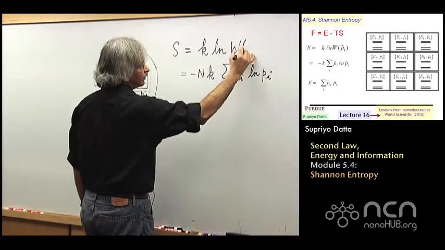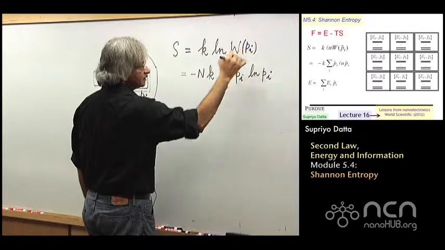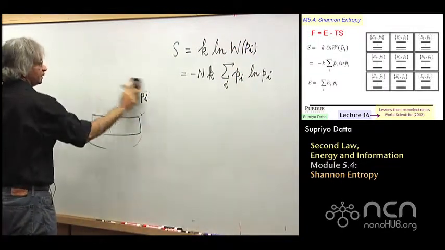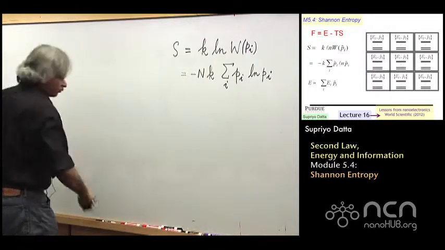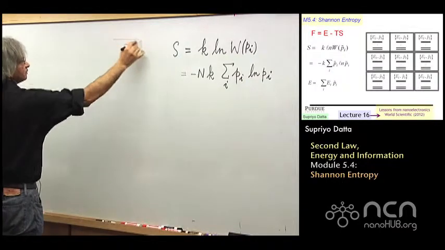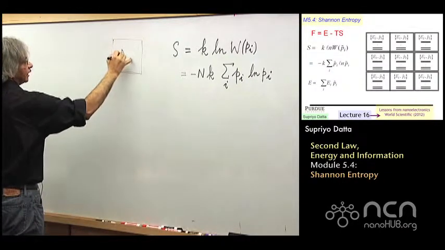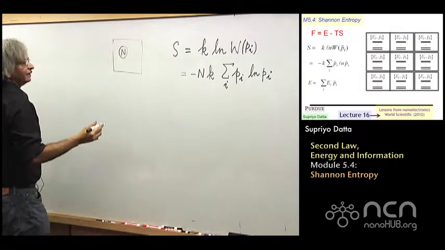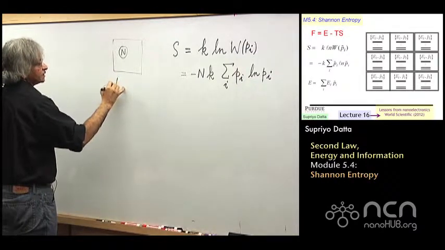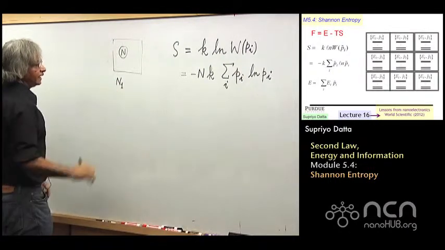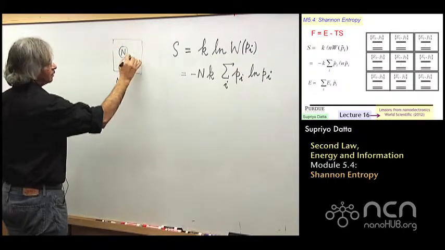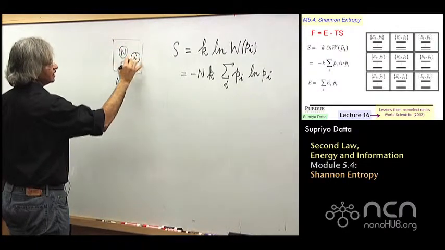So this W is a function of these individual probabilities. The question is, how do you do that? Okay. So let me try to do that. The way you do it is something like this: when you have these n systems, n of them, then how many of them would be in some state, say n1, where Pi is the probability that an individual one is in a state i.